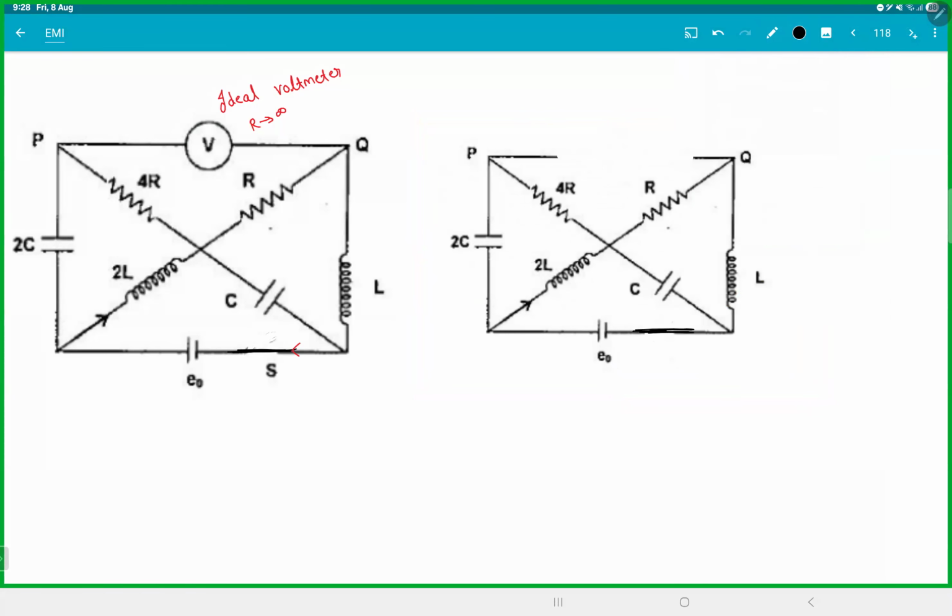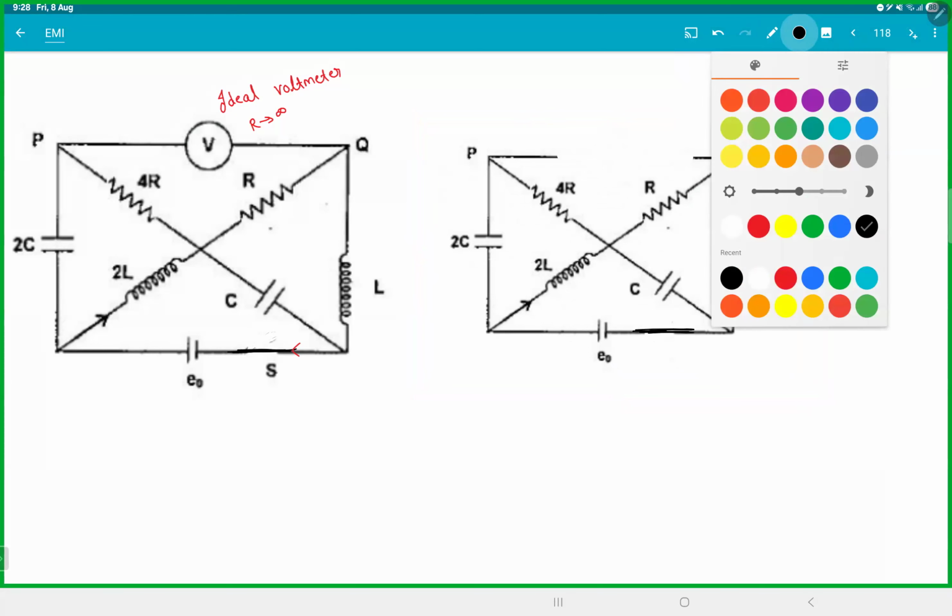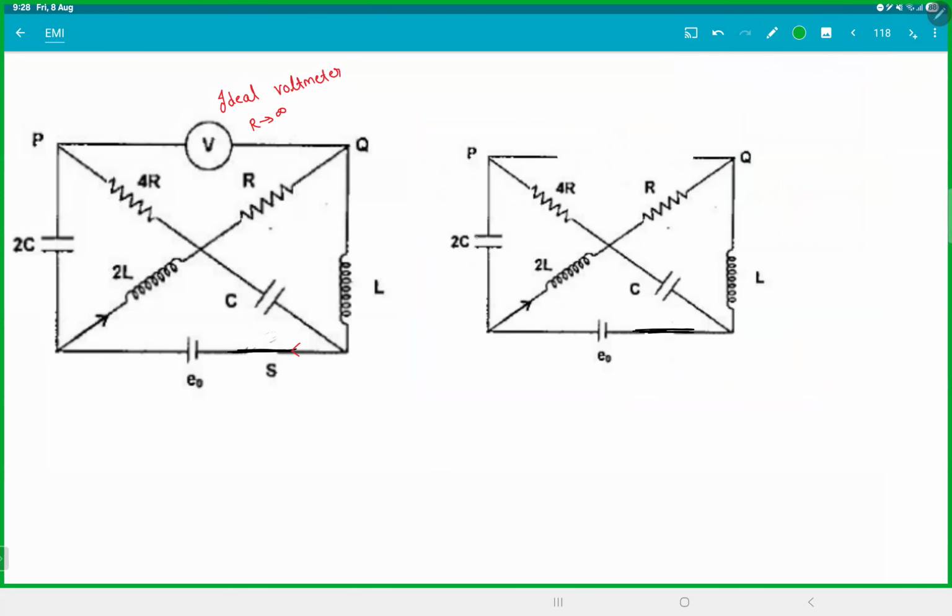So this becomes a wire. Now see, this capacitors, right? Let the charge be Q1. This is minus Q1. This is Q2. This is minus Q2. We don't know the charges.